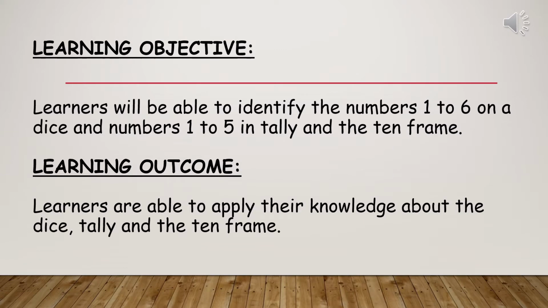Today's learning objective is learners will be able to identify the numbers 1 to 6 on a dice and numbers 1 to 5 in tally and the 10 frame. The learning outcome is learners are able to apply their knowledge about the dice, tally and the 10 frame.